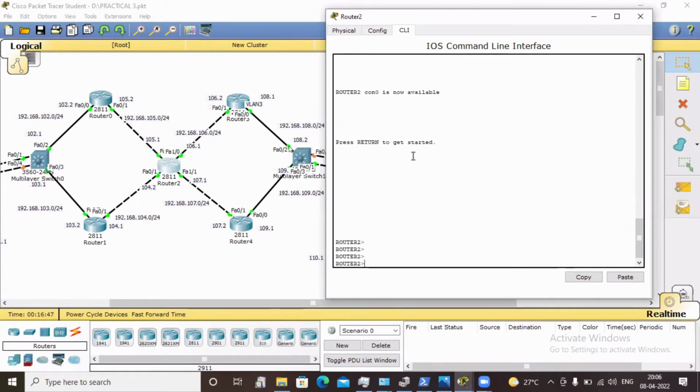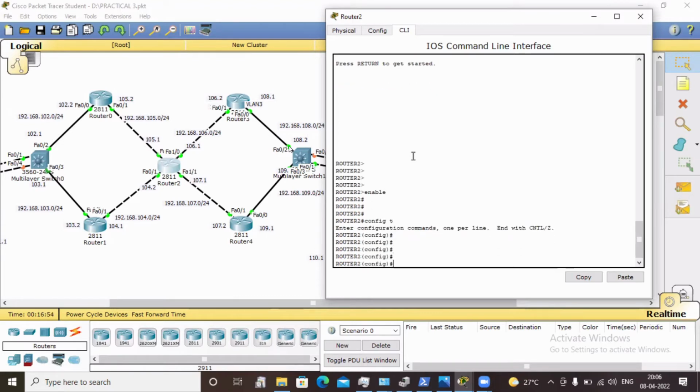Mukul and Ashutosh, what exactly has to be typed? Simply tell them. Interface FA0/0, then FA0/1. Enter. ip access-group, right? block-PC in. There is a spelling mistake for access.